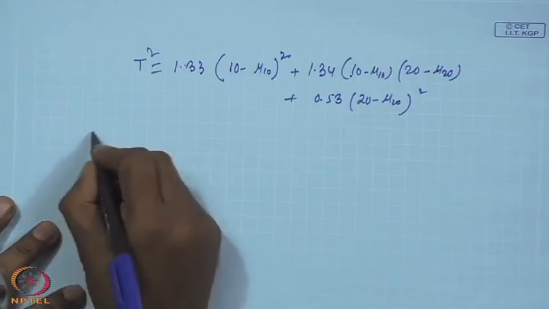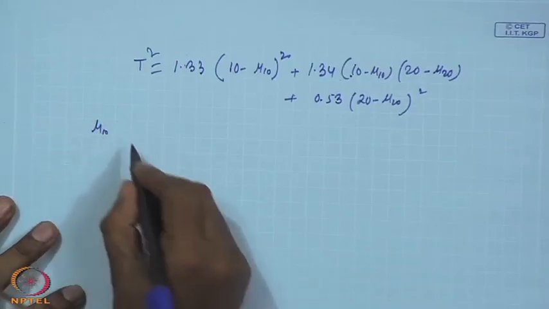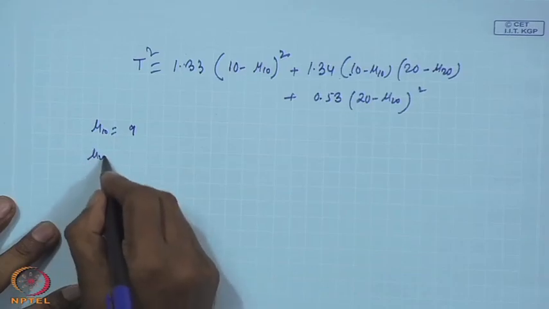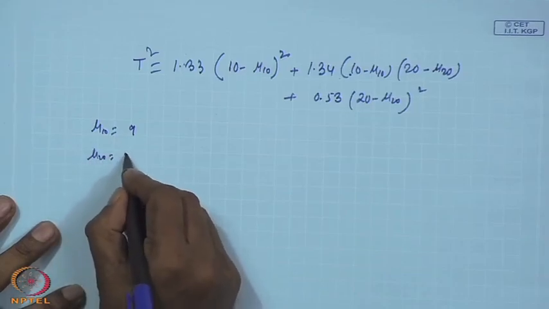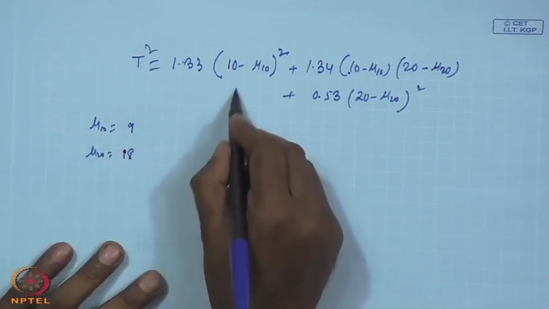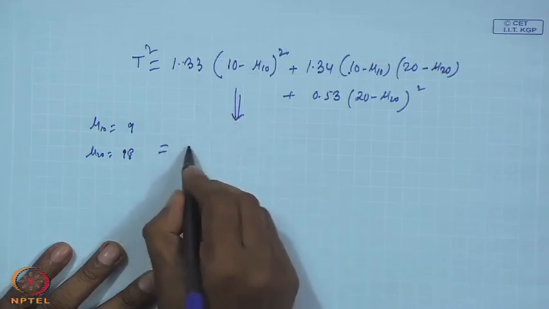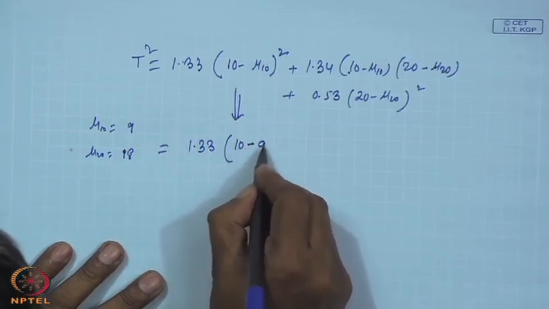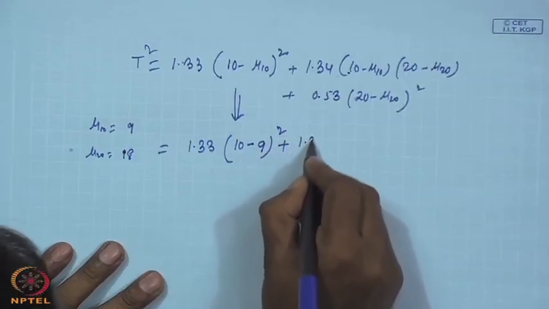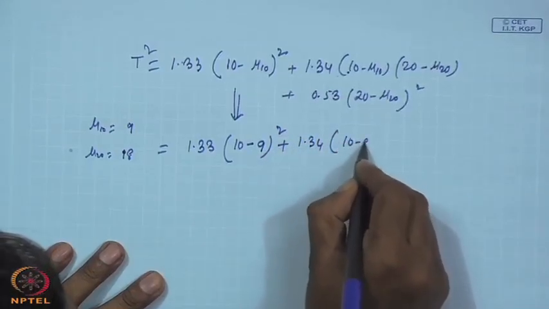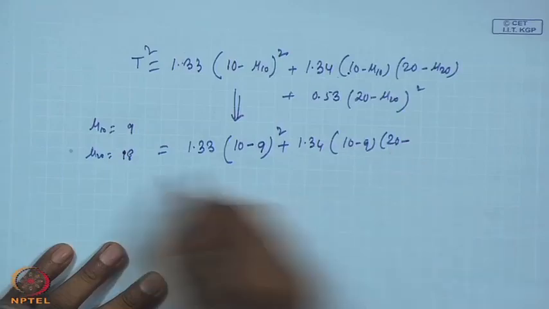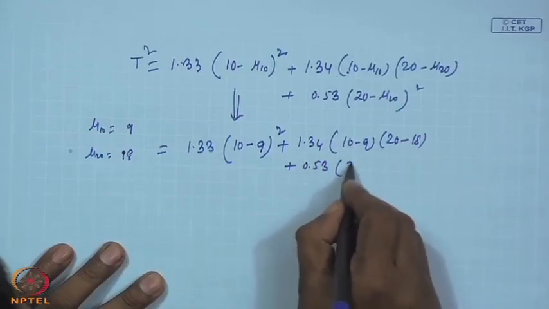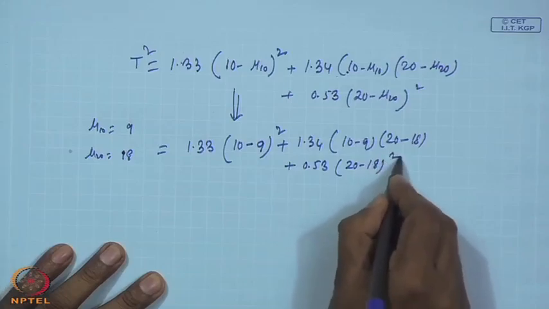What we have found out is that mu 10 is your 9, mu 20 is your 18. Put into this equation: 1.33, 10 minus 9 square, 1.34, 10 minus 9 into 20 minus 18, plus 0.53, 20 minus 18 square.